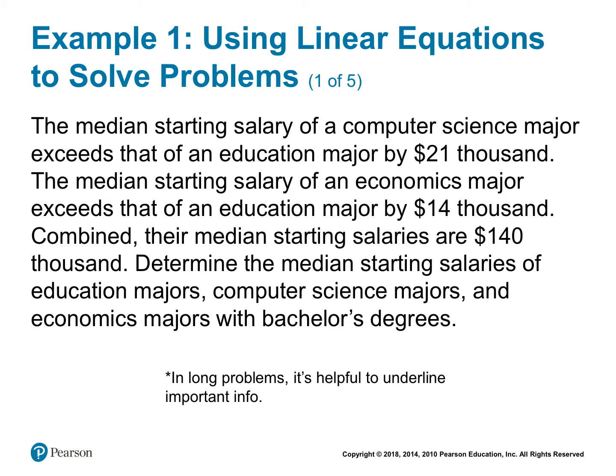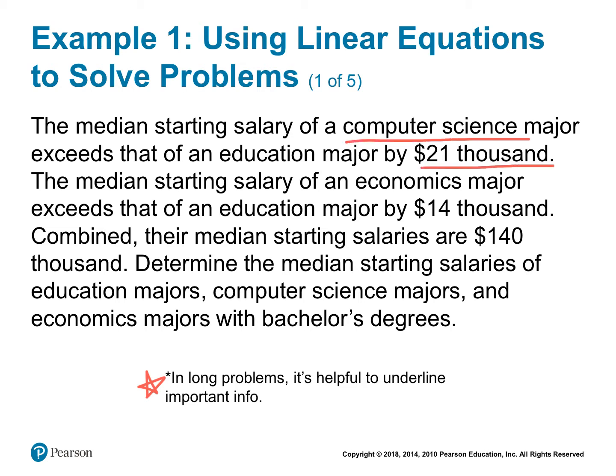So let's look at one here. It says the median salary of a computer science major, so they took a lot of computer science major salaries and found the number in the middle of all those, exceeds that of an education major by $21,000. In long problems it's helpful to underline important information, so I'm going to underline 21,000.